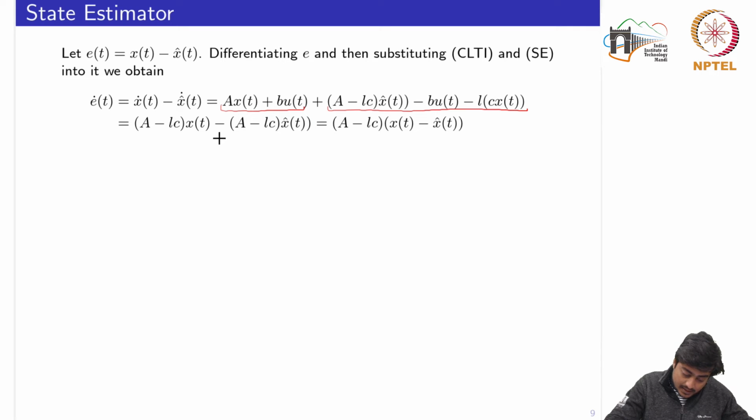Now I will start clubbing the terms. First of all, we'll rub this so that there is no confusion. We take this term A and minus LC, taking a common factor x. Again, this A minus LC we keep as it is.